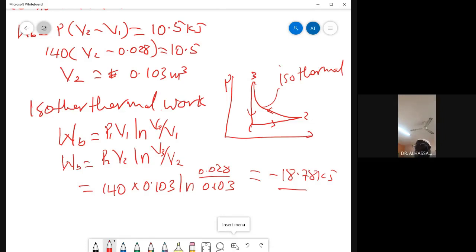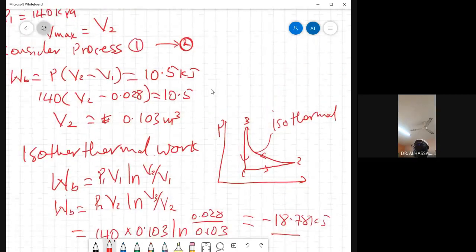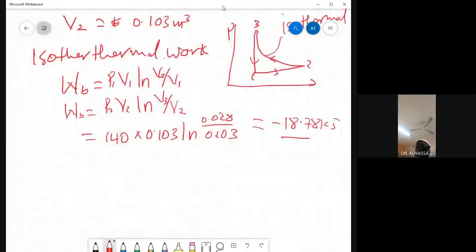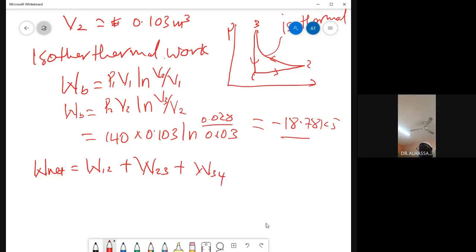Now we want to find the net work. When we say net work, W net equals W12 plus W23 plus W31. Sorry, I said W34 earlier.